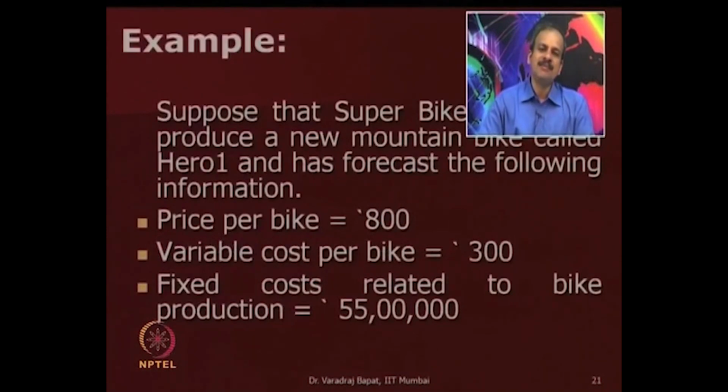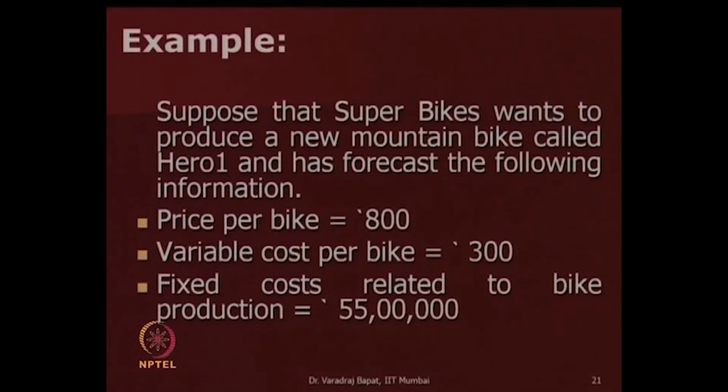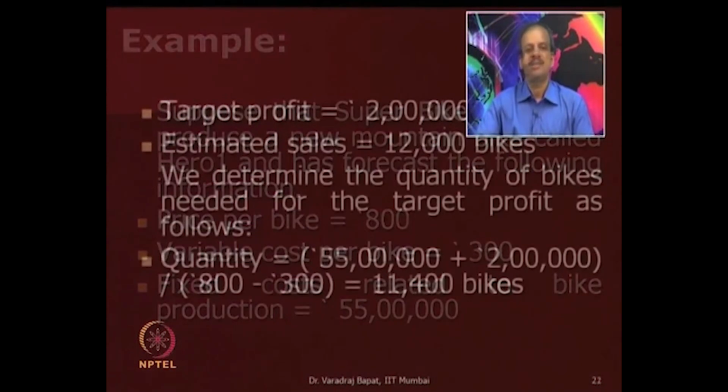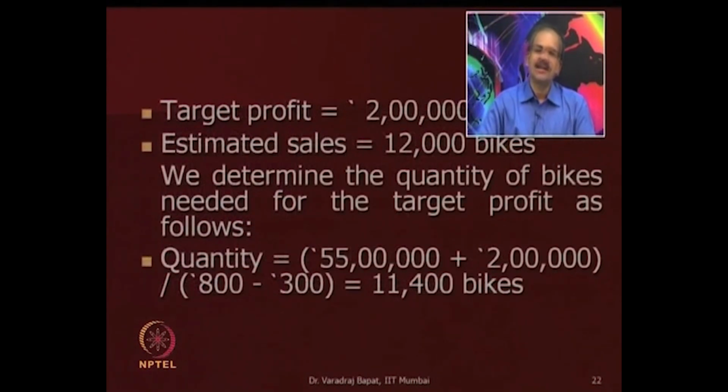Now let us look at a simple example. Suppose there is a company Superbike, they want to launch a new mountain bike called Hero 1. The information is like this: price per bike is rupees 800, variable cost is rupees 300, fixed cost is 55 lakhs, targeted profit is 2 lakhs, estimated sale is 12,000.